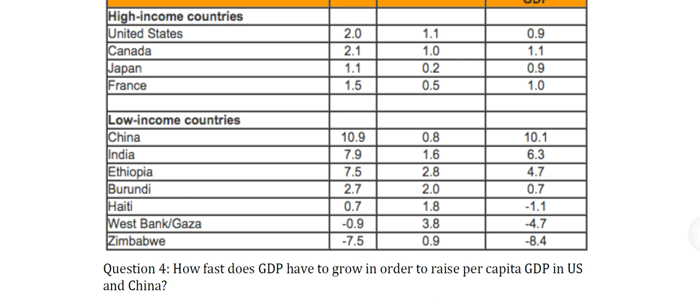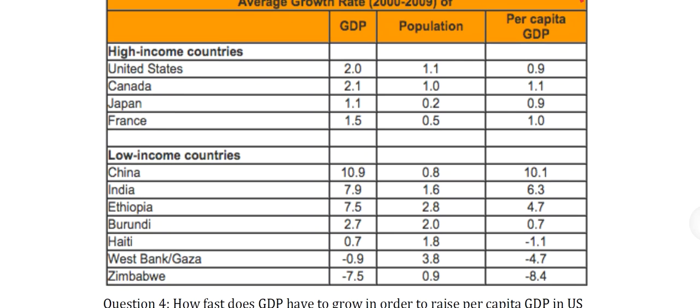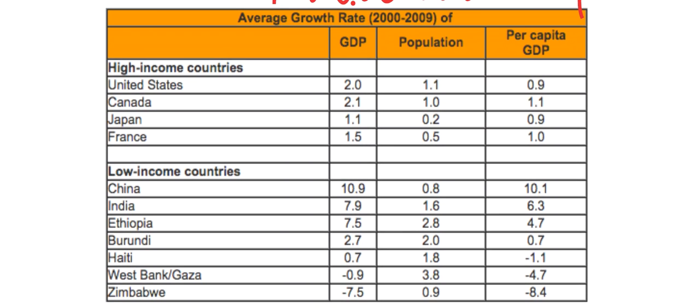So now let's look at a question. How fast does GDP have to grow in order to raise per capita GDP in the US and China? In order to make sure GDP per capita will increase, we have to make sure the growth rate of the population is no faster than the GDP's growth rate. If we look at the US, the population growth rate is 1.1. For China, the growth rate for the population is 1.8.